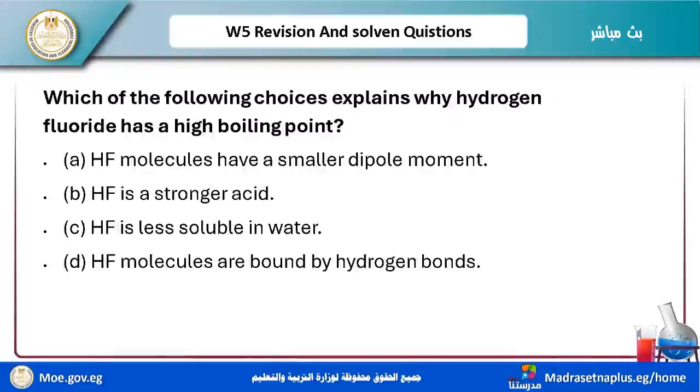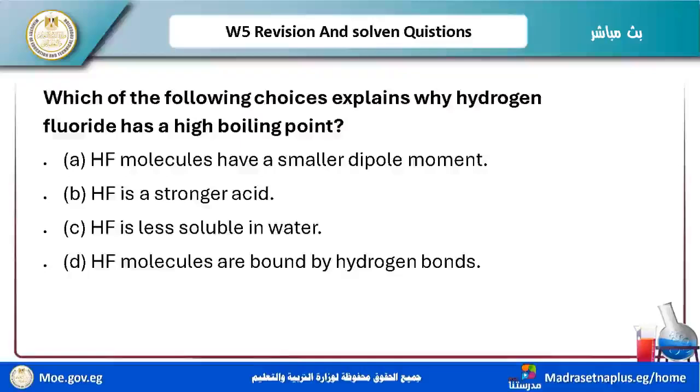HF molecule has a smaller dipole moment, or HF is a stronger acid, or HF is less soluble in water, or HF molecules are bound by hydrogen bonds.